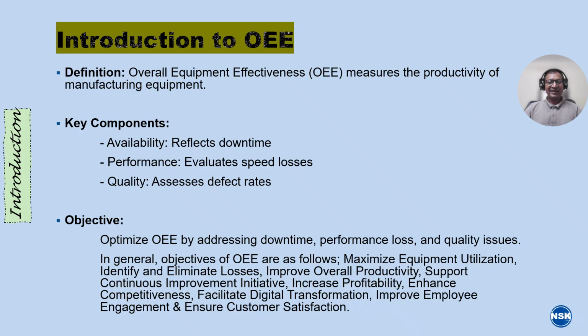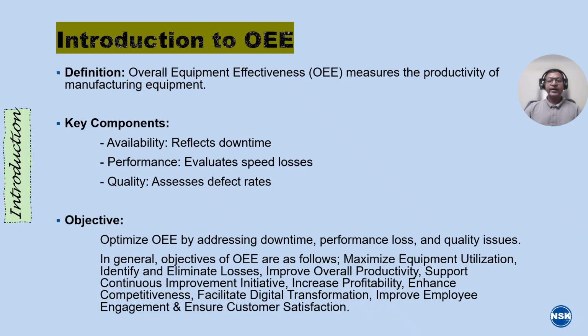Think of it like this: if a machine is available, runs at the right speed, and makes perfect products, it gets a high OEE score. If it has downtime, runs slower than it should, or makes defective products, the OEE score drops.